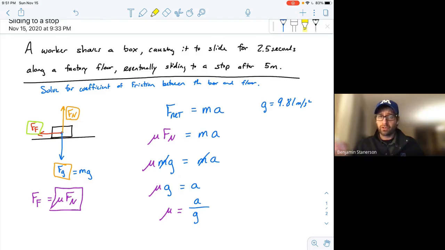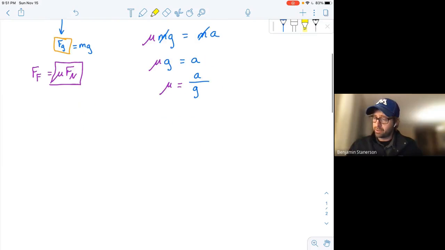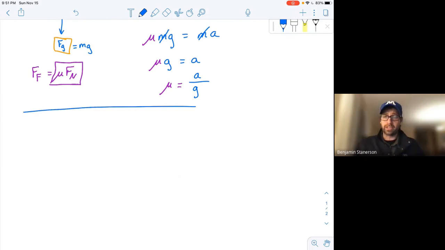Now, there's some real clues here. One of those is that it's sliding to a stop. Okay, so then we know that the final velocity has to be 0. We know the time it takes, and we know the distance. All right, so I'm going to write down some of those variables that we know already so we can figure out, hopefully, what that acceleration is and plug it back in.